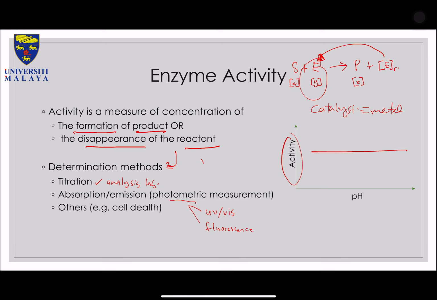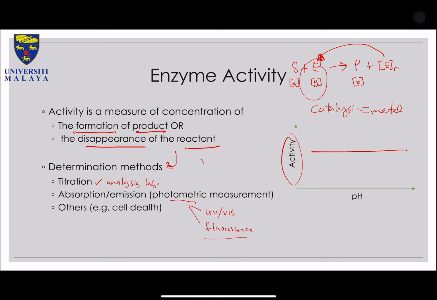Fluorescence spectroscopy. Why? Because it depends on the substrate and the product. For example, for UV-vis, most compounds do absorb light or UV at a certain wavelength.